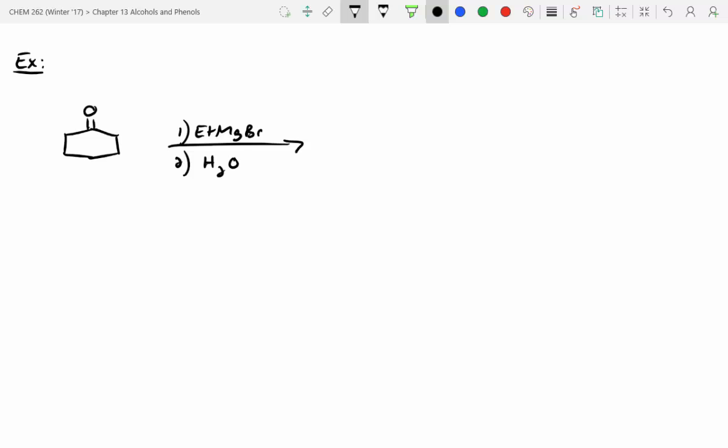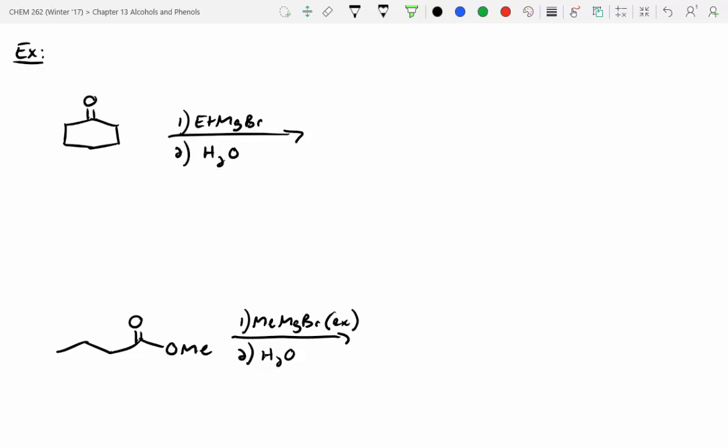And then for our second example, I'll do it down here. We're going to change things up a little bit. We're going to do methyl magnesium bromide in excess, and then we're going to treat this with water. No, it's supposed to be methyl, not ethyl. Yep, for the second one it's methyl, not ethyl.